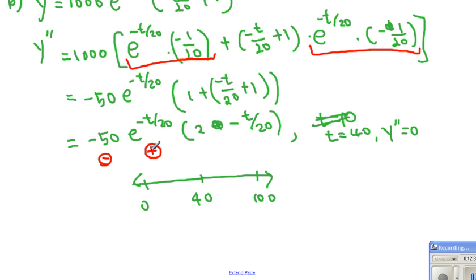So negative, positive, positive makes this portion negative. And here, if you plug in values greater than 40, then you will realize that this portion is also negative, which makes negative, positive, negative, which is positive.